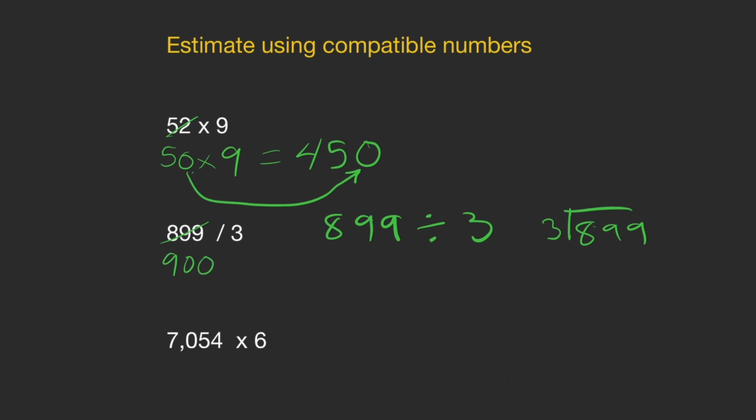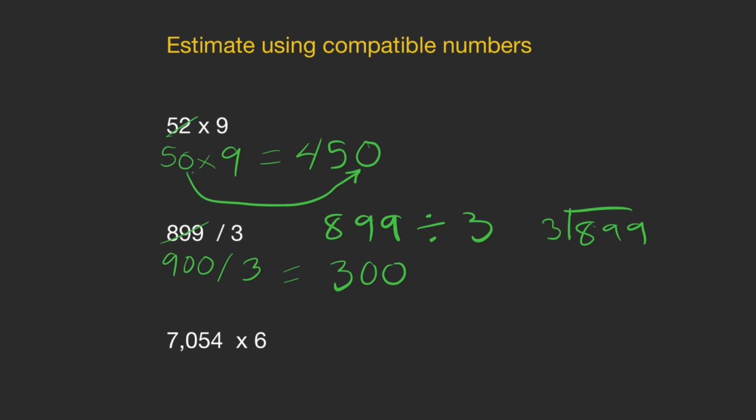Okay, and in this case, let's keep it divided by 3 because I know that 3 can hop into 9, so 3 can hop into 900. And 9 is divisible by 3. And we have 2 extra zeros there, because 300 times 3 is 900. Great, so an estimation for 899 divided by 3 would be 300.